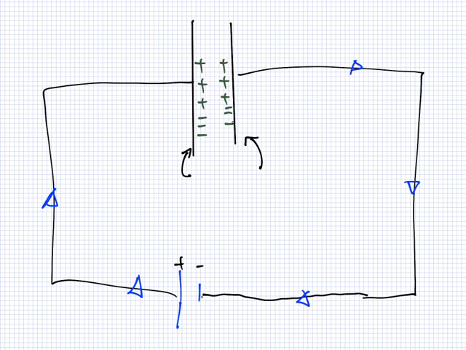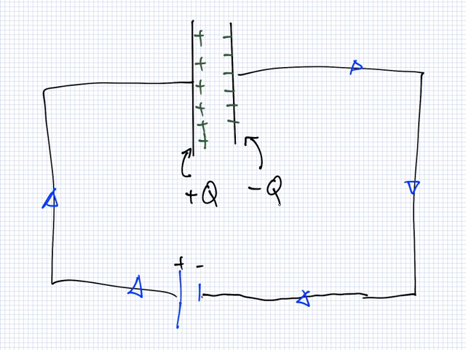But then when you turn the switch on, they separate, and then all of a sudden you'll find that all the positives have become here and all the negatives have landed here. And so this one will have a positive charge and this side will have a negative charge.